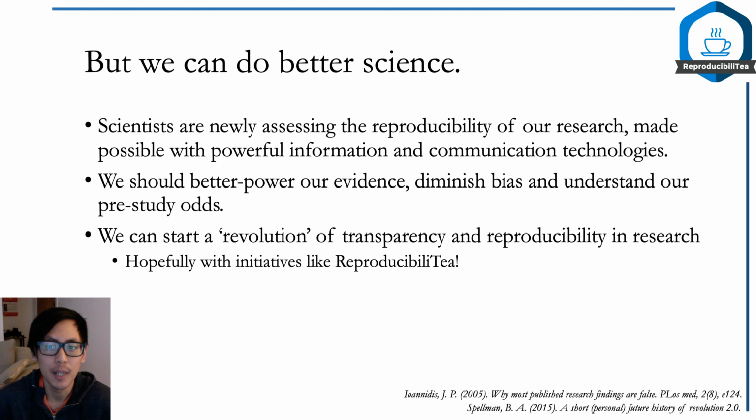But we should also definitely better power our evidence and diminish our bias and understand what exactly our pre-study odds are when we think about our experiments and our experimental design. Perhaps instead of calling it a crisis, the best thing we can do is think about this as a revolution of doing better science with transparency and reproducibility in research, hopefully with initiatives like this one, like reproducibility.